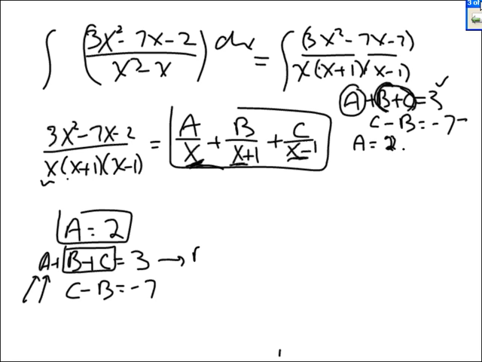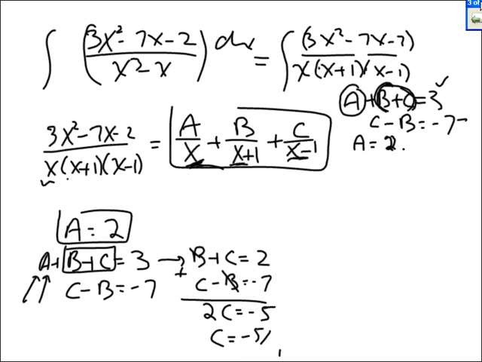So, b plus c is 2, and c minus b is negative 7. If I add them, the b's cancel, and I get 2 c's is negative 5. So c is negative 5 over 2.